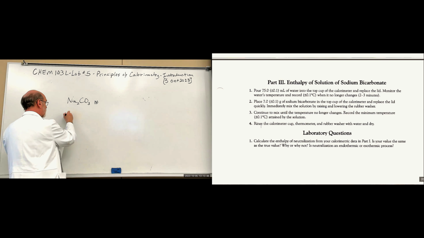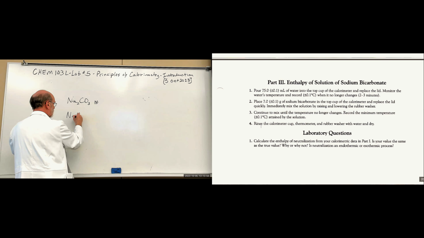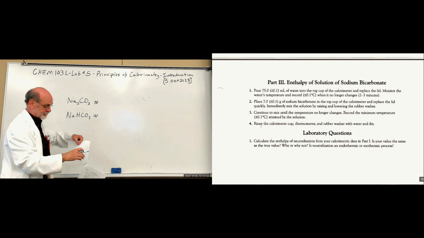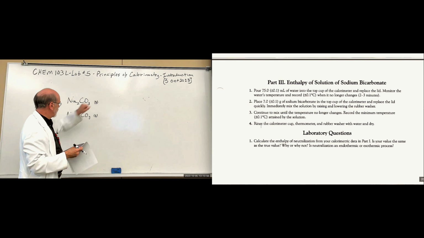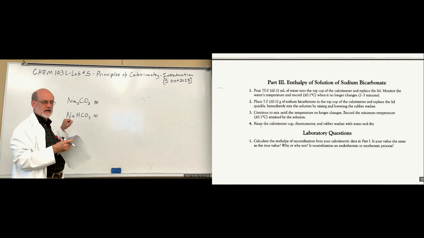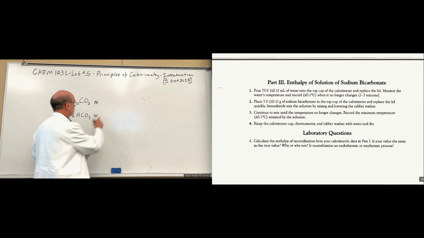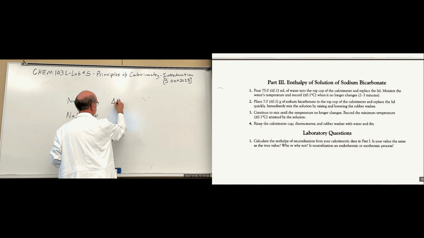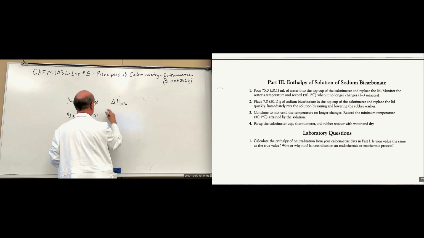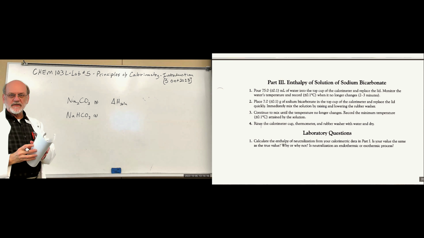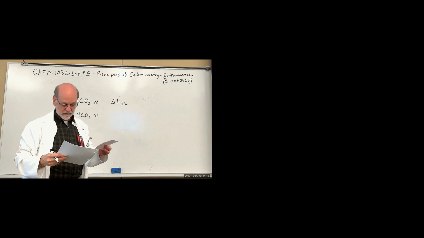And the second one is sodium bicarbonate. Right? We'll put that in water, measure the temperature change, and calculate its heat of solution, its enthalpy of solution. For both of them. The first one, of course, is going to be the enthalpy of neutralization.